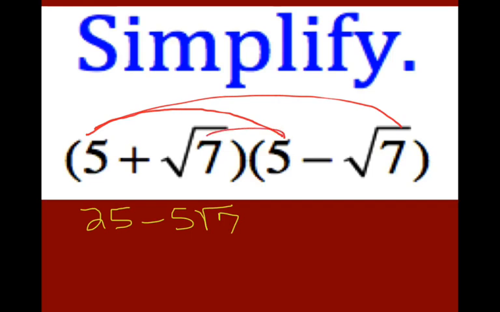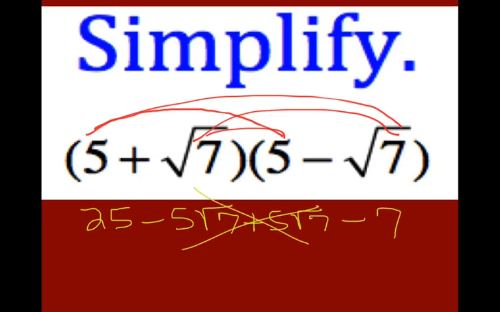Then we're going to do the inside, which is positive 5 radical 7. And then we're going to do the last times the last, which is minus radical 7 times minus radical 7, which is minus 7. The two middle terms cancel out, so that would be 25 minus 7, which is 18.